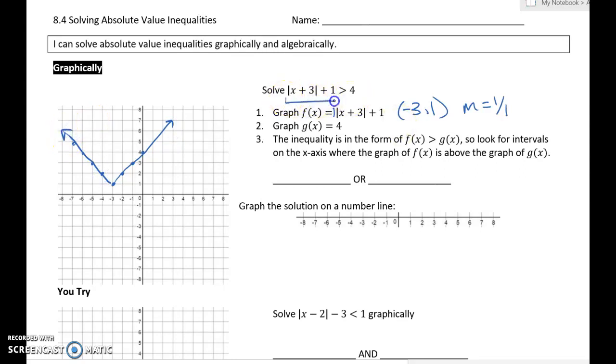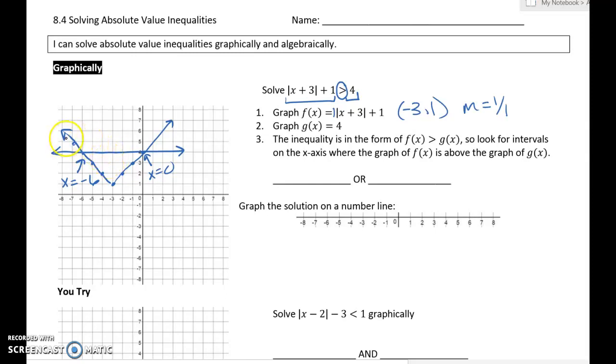Okay. And then we'll graph. So we graph the left side of this inequality, now we'll graph the other. So g of x equals 4. And when we do that, notice our intersection points at x equals 0 and x equals -6. So now what we want to do is look for where the graph of the absolute value is above the horizontal line.